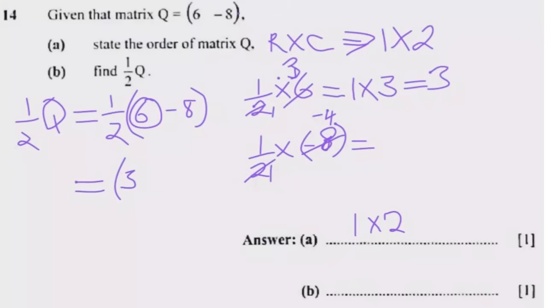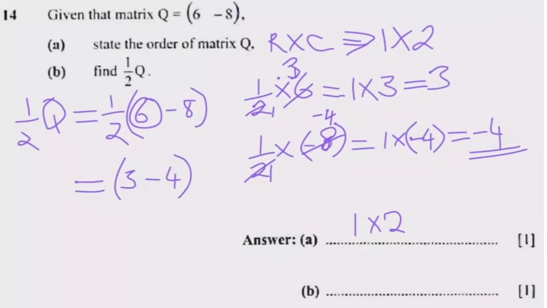Please note the principle: when you divide a negative number by a positive number, your answer will be a negative. So 1 times negative 4 will give us negative 4. So this is the answer. That means the matrix will have negative 4 here.